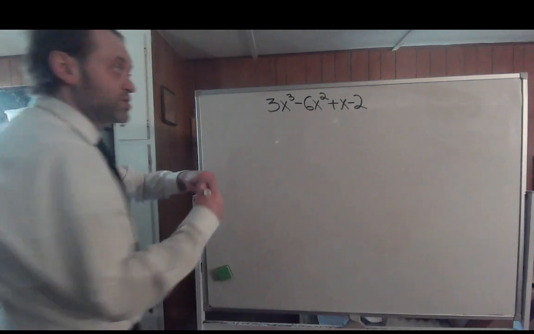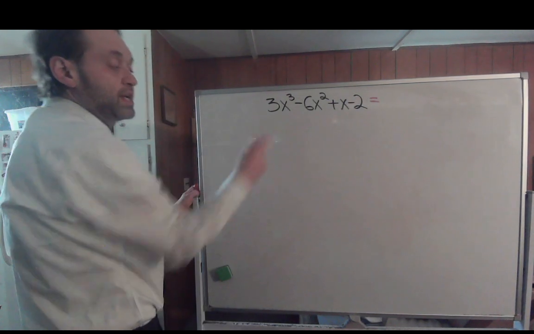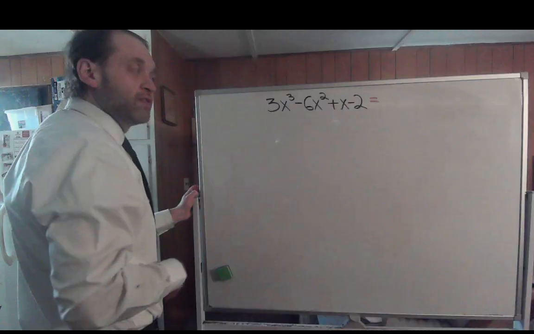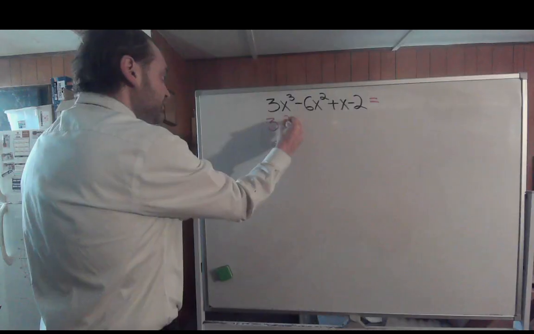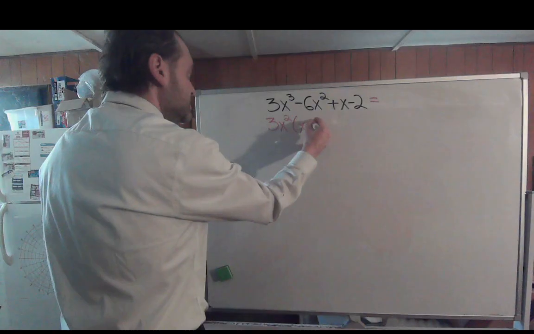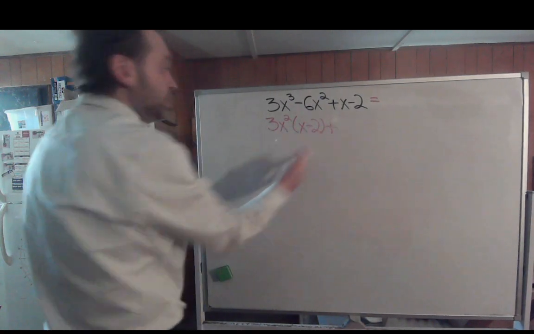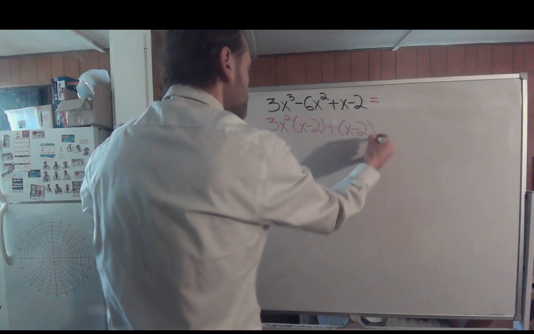Well, look at your first two terms. Between that 3x to the third and negative 6x squared, what do they have in common? They have a 3x squared in common. So you definitely have that going. That'll be times the quantity of x minus 2. Plus, you have another x minus 2 for your second two terms.